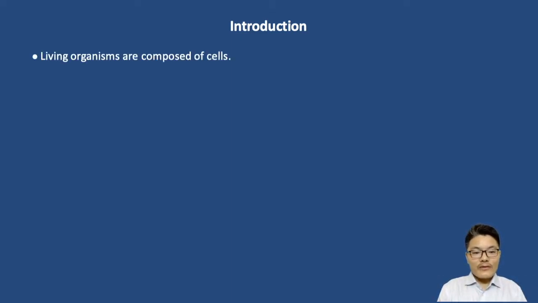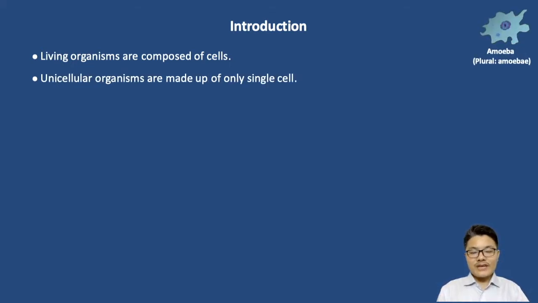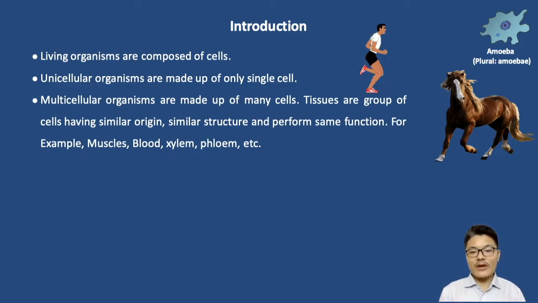We know that all living organisms are composed of cells. Unicellular living organisms are usually made up of a single cell. They have just one cell. Multicellular living organisms like us, horses, and many others are made up of many cells.